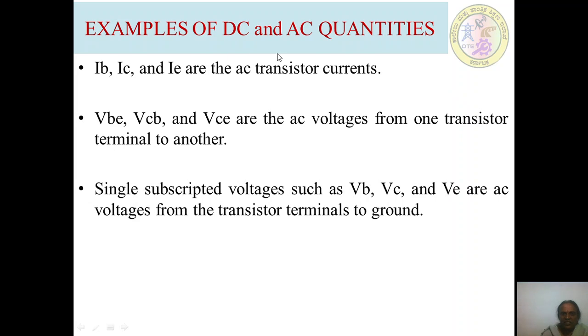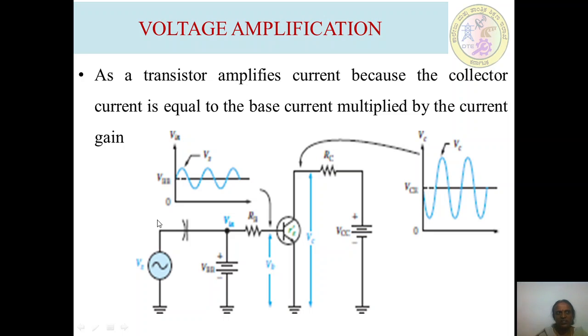Examples of AC, as I just told you: Ib, Ic and Ie are the AC transistor currents, whereas Vbe, Vcb, Vce are the voltages from one transistor terminal to the other. Single subscript, that is Vb, Vc, Ve, are AC voltages from transistor terminals to ground.